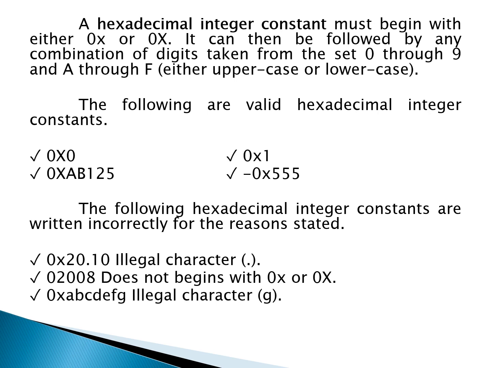Then 0xabcdefg is illegal because the only allowed digits in a hexadecimal are 0 to 9 and alphabets from a to f, but here we have g. This g is not in hexadecimal, so it is invalid.